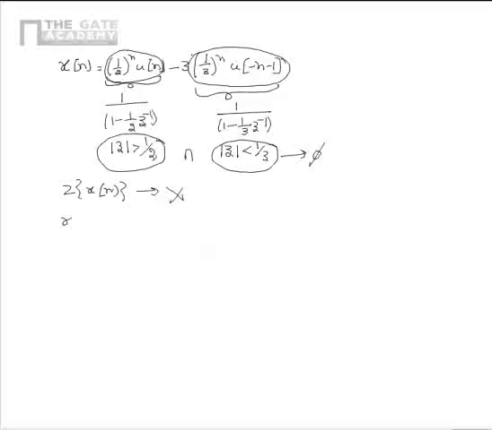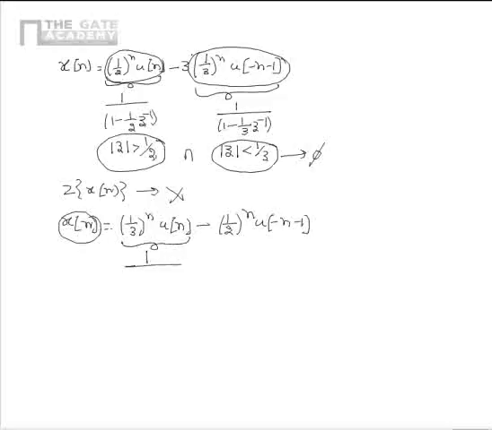Now let us consider another example as per which the signal x of n is given as (1/3)^n u[n] minus (1/2)^n u[-n-1]. Here, for finding the Z transform of x of n, we have to find the Z transform of the individual signals.